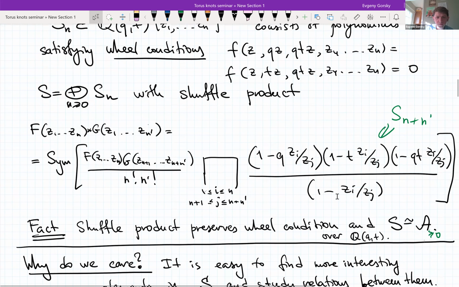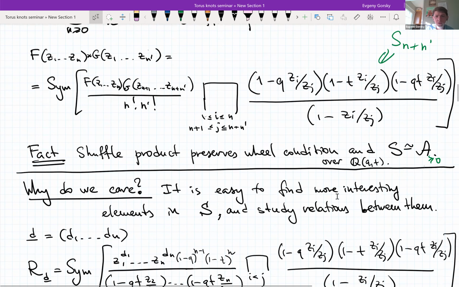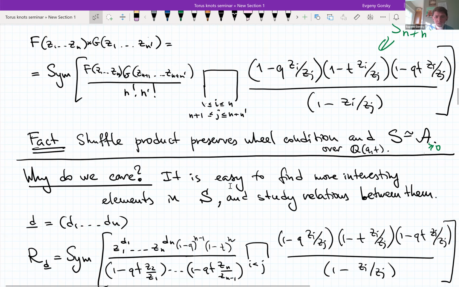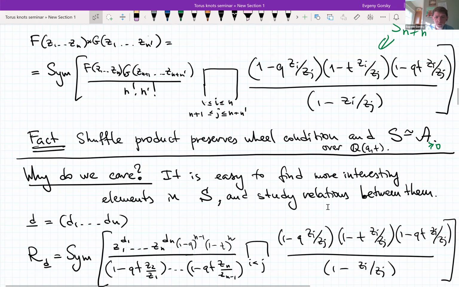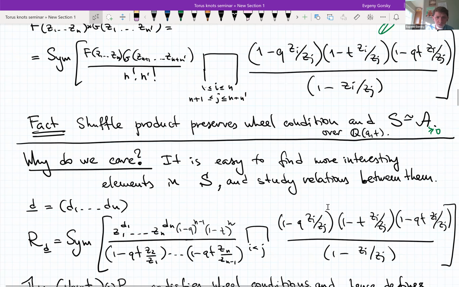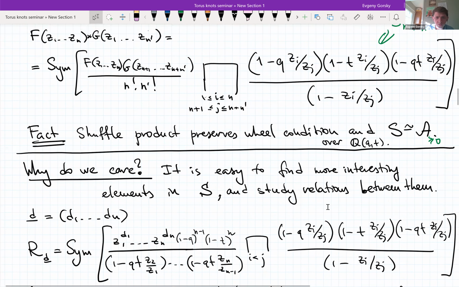And so, yeah, that's what I just said. So why do we care? It's easy to find interesting elements in S, and it's hard to find interesting elements in A. And so one specific thing which I want to say here is that we will be interested in the following elements. So I have a vector of integers, d1 through dn.